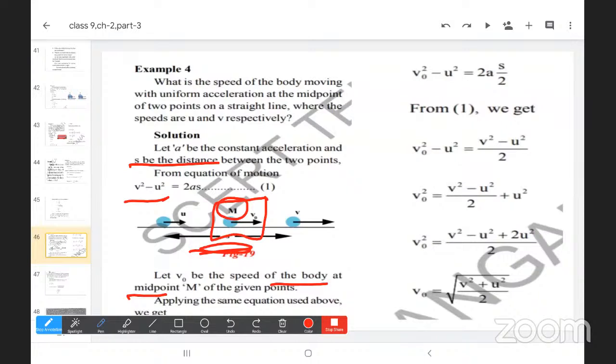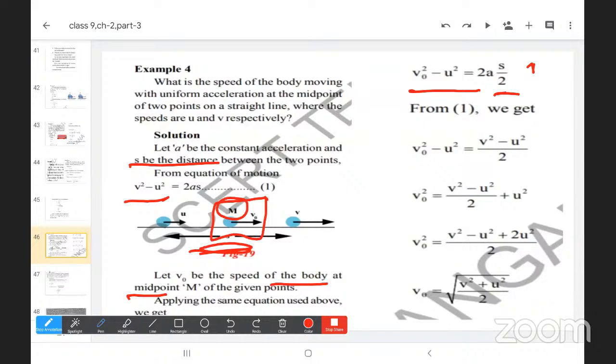So applying the same equation used above, v square minus u square equals 2as. So instead of v, we can write v naught square. So v naught square minus u square equals 2a into s by 2, because here we are finding the midpoint speed, right? So that's why I have taken s by 2.